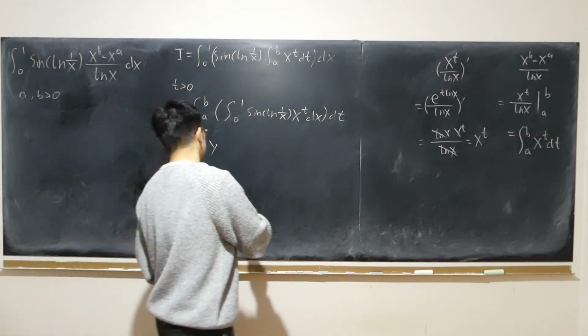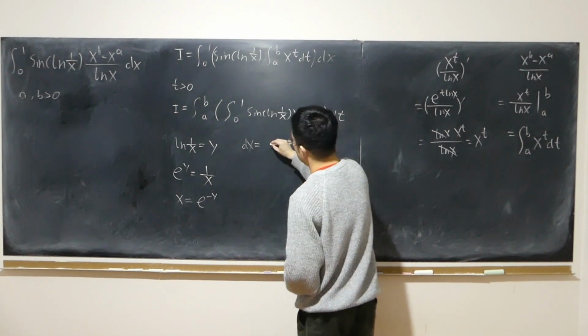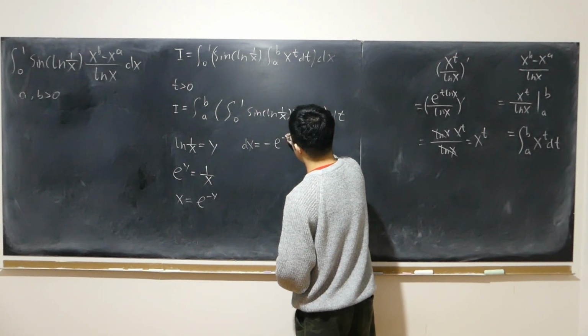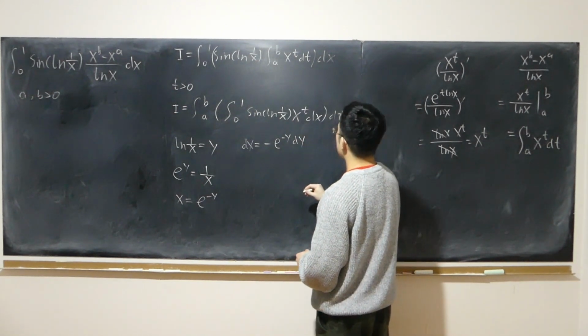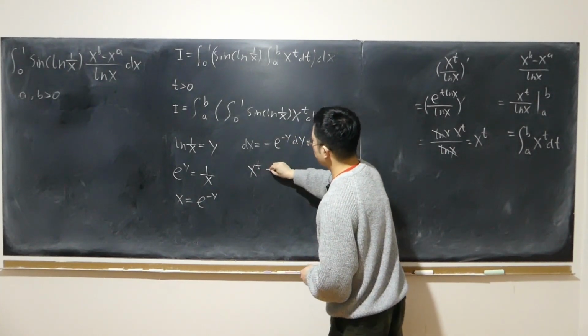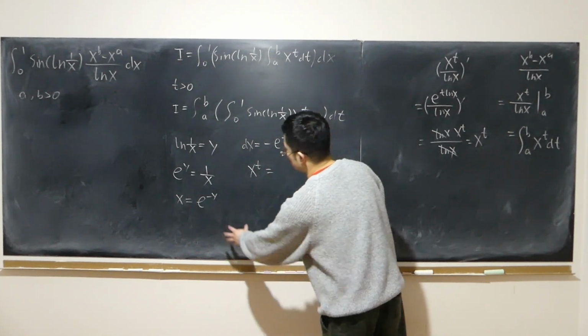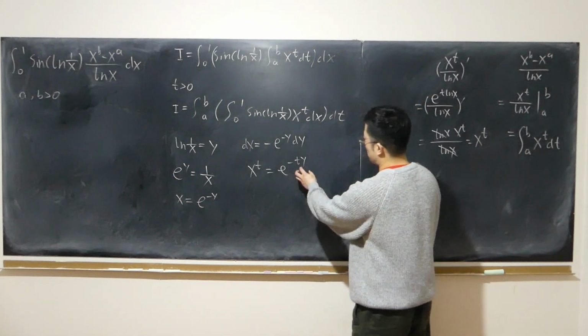So dx is equal to negative e to the negative y dy. And also x^t this time is equal to e to the negative t times y, where t this time is a constant.